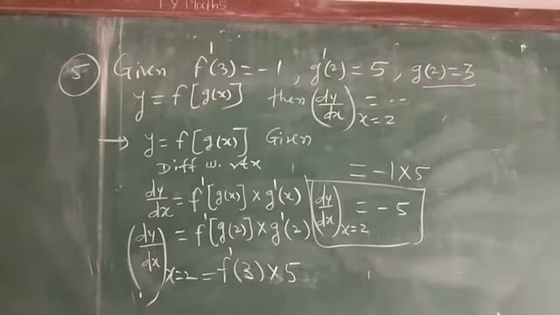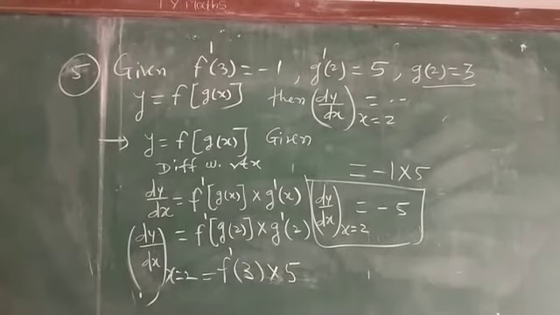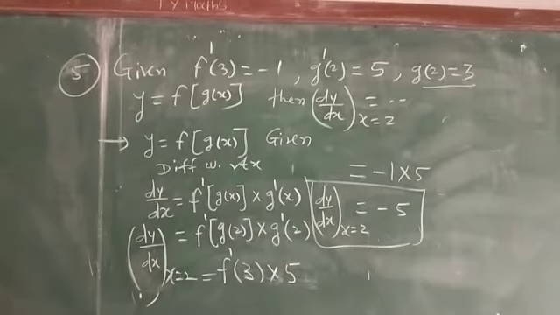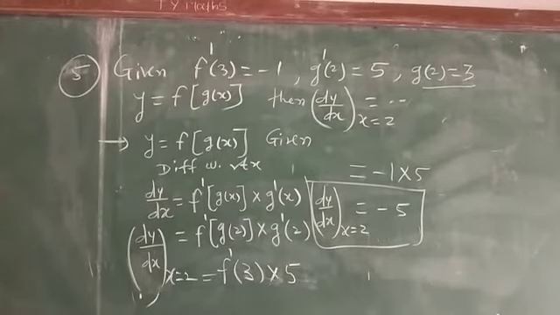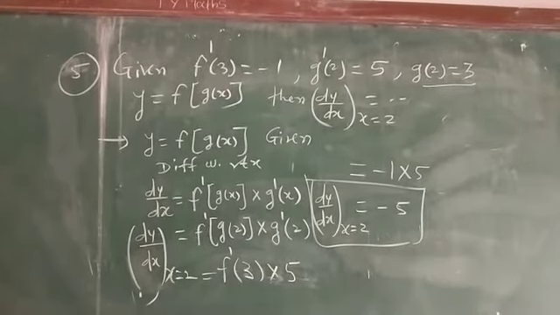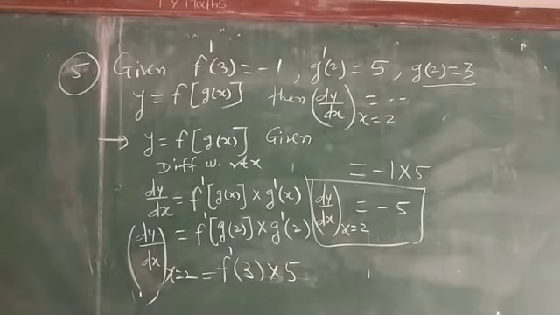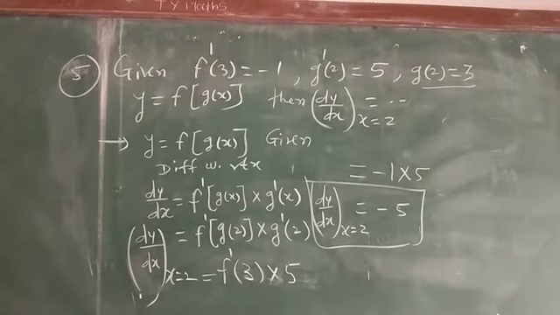That is f dash 3 equal to -1, g dash 2 equal to 5 given. Differentiating with respect to x. See and write in your notebook.